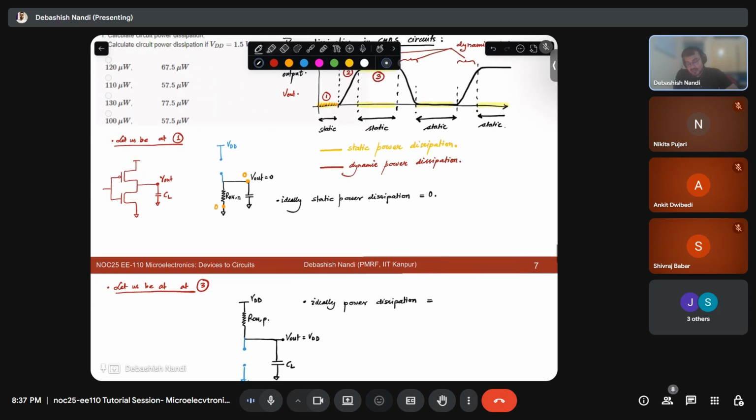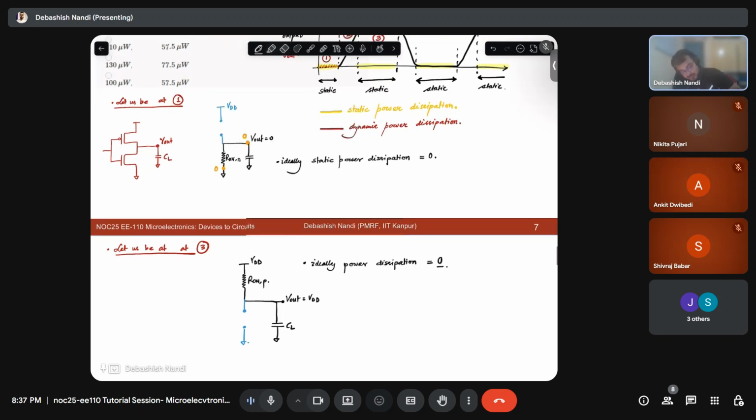Your output voltage is at a static position, so it is not changing, having a value of VDD. So the resistance R on P has both ends at voltage VDD. Why will there be a current flowing? Zero current will flow, so this is 0 again.